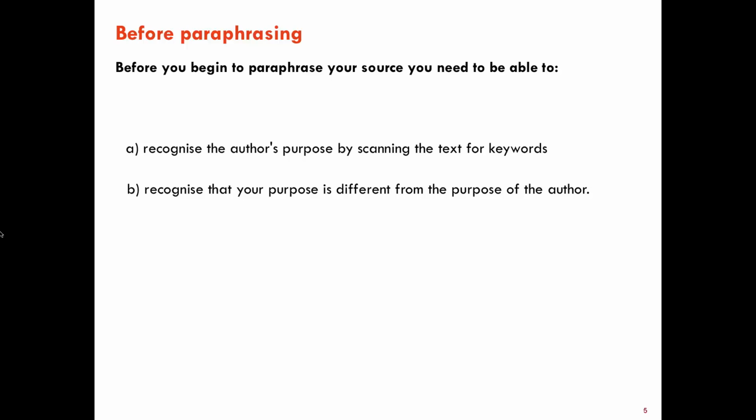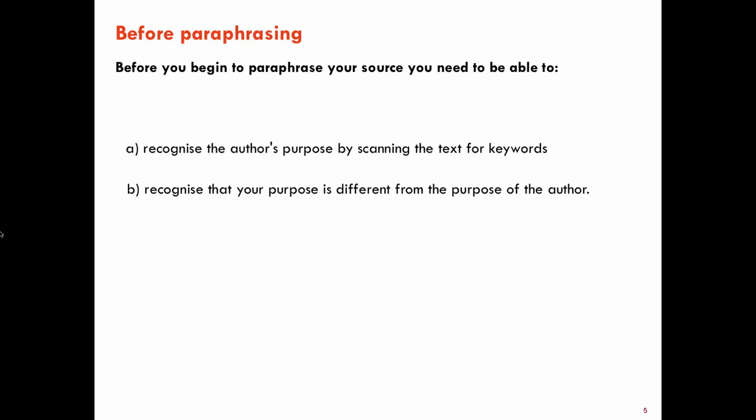So your paraphrase may order the information in quite a different way to the original. It may have its focus on aspects which are not the main focus of the original, or it may incorporate ideas from a number of sources. Finally, it's important to note that paraphrasing has a positive side. It's not just about avoiding plagiarism.